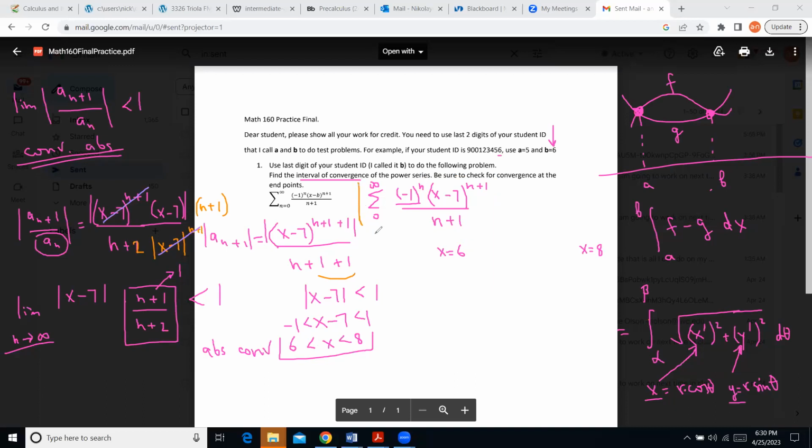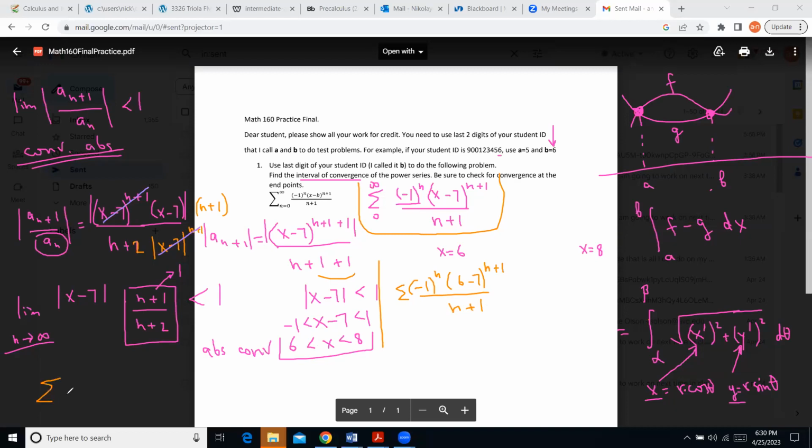So here, now I will keep the minus sign. So what happens when x is 6? Well, we have a -1 power of n times 6 minus 7 to the power of n plus 1 over n plus 1. You probably recognize the harmonic series, right?